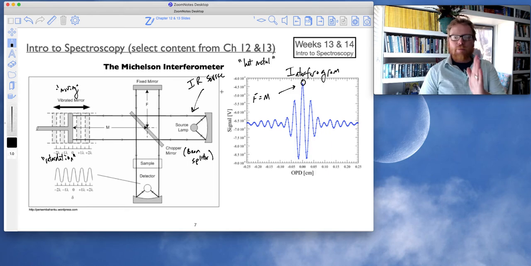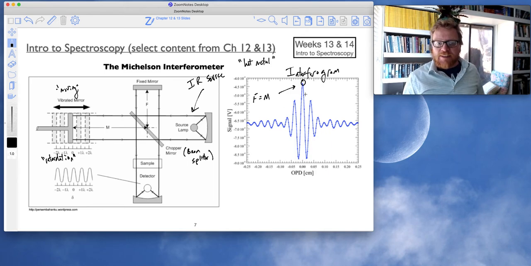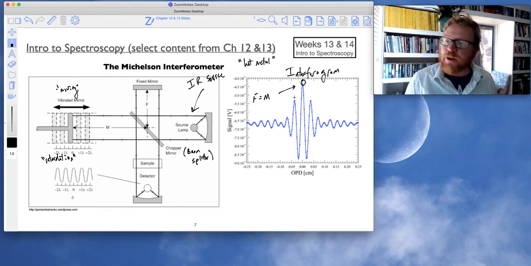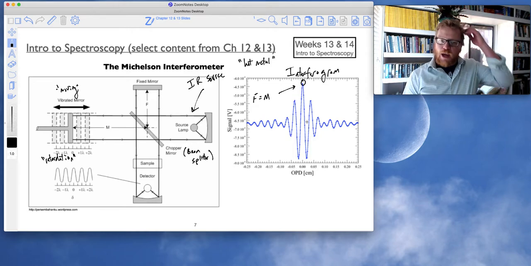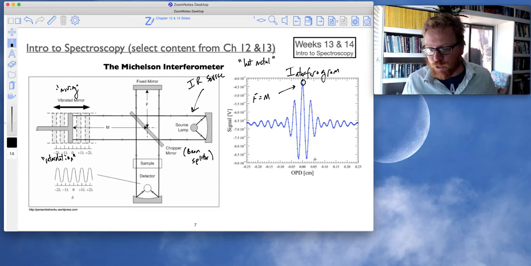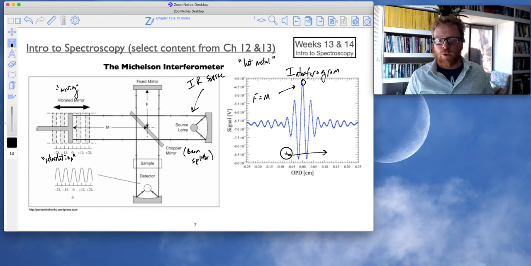As this mirror moves, you can see there's huge sweeping destructive interference where it goes all the way down, and then constructive interference where it comes back up, and then destructive interference, and so on and so forth. You also notice that it's symmetrical about the other side of the mirror, right? The mirror is moving back and forth about this center point, okay? So it will be a two-sided interferogram.